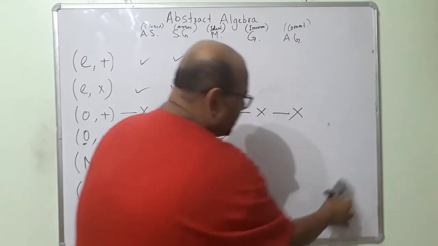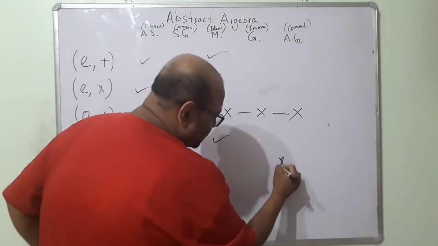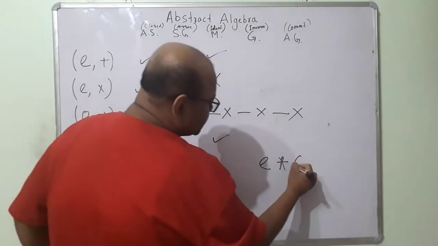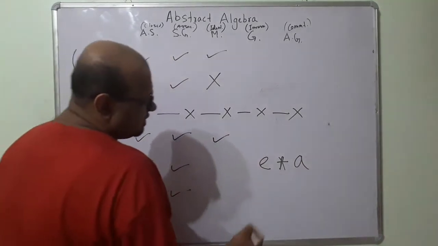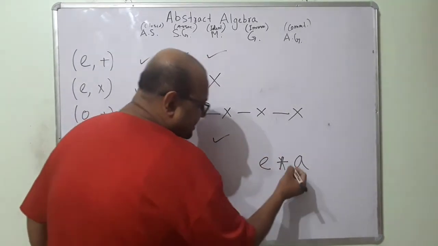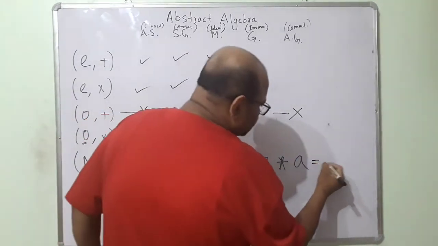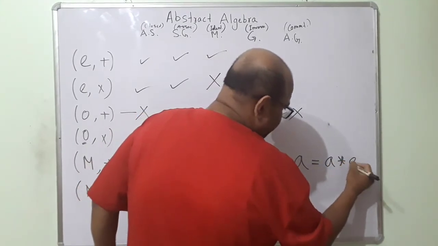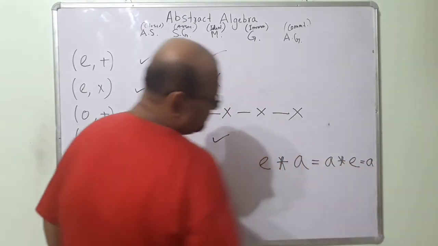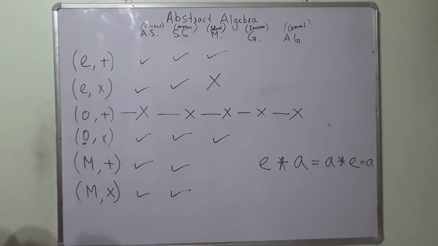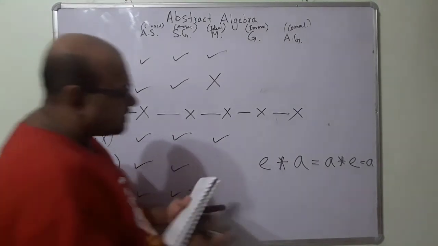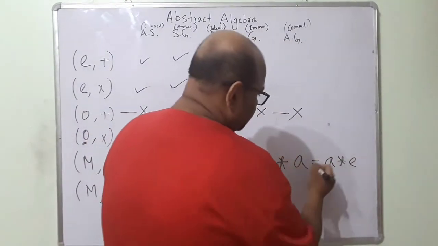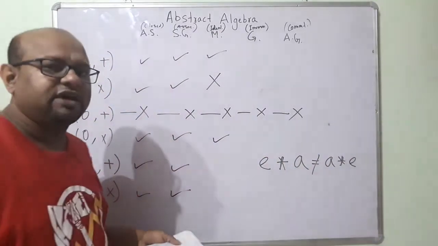So this is one thing about identity. You have some operation. This is your identity E. This is some operand A, an element from my set. E operation A must be equal to A operation E, and this must be equal to A. These two cannot be different. If this happens, then we have a problem.